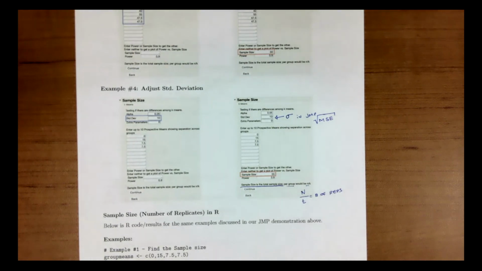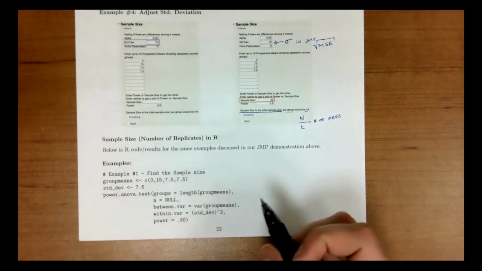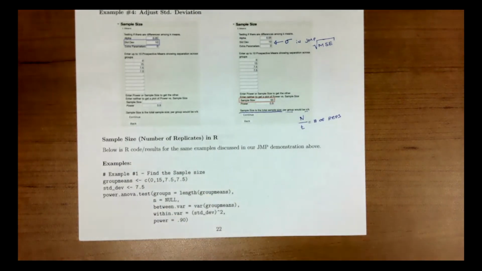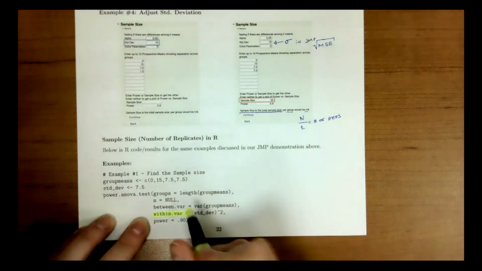Here's the one thing that I want you guys to notice more about the difference in software. So I also have R code here, and R is set up a little bit differently. The thing I want y'all to notice first is that for R, it's variance.